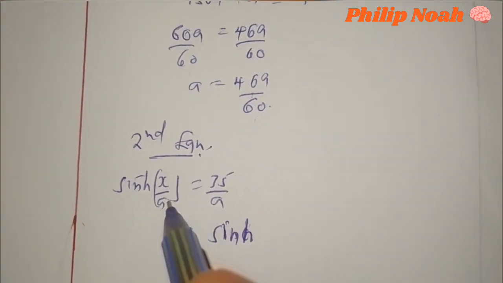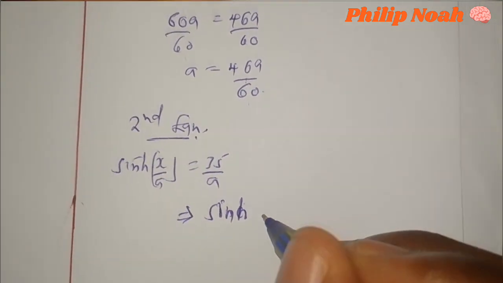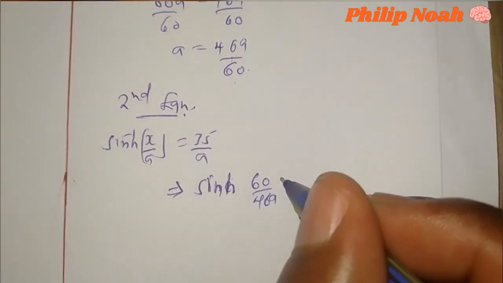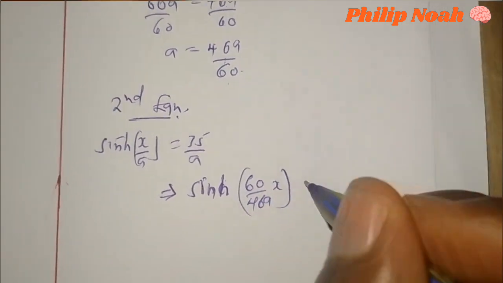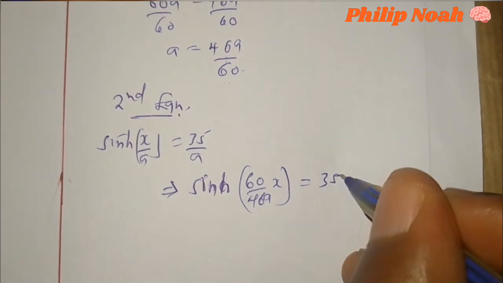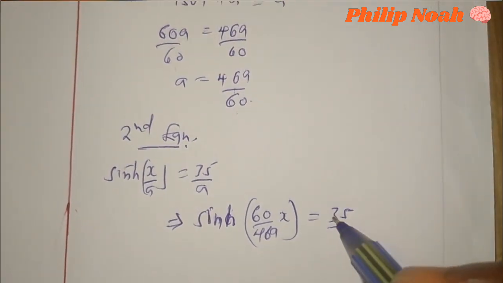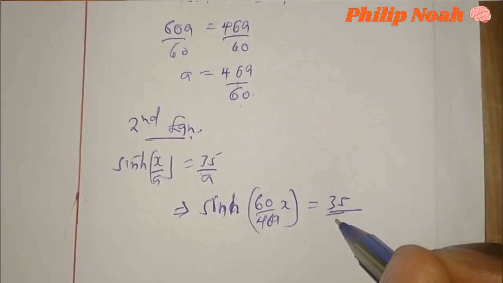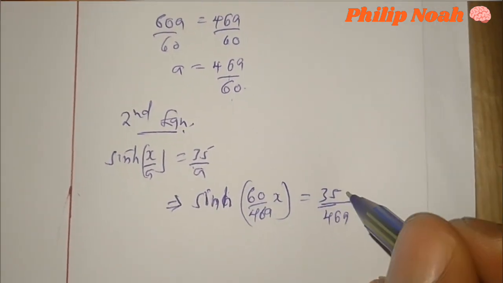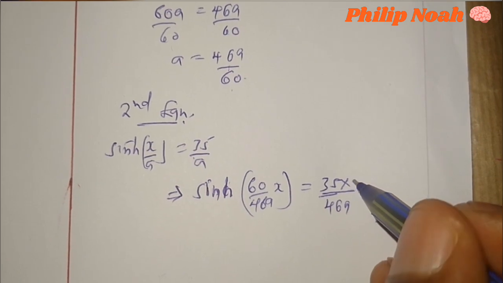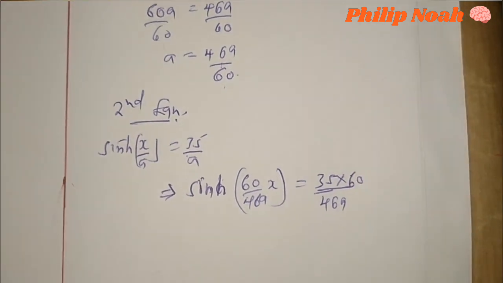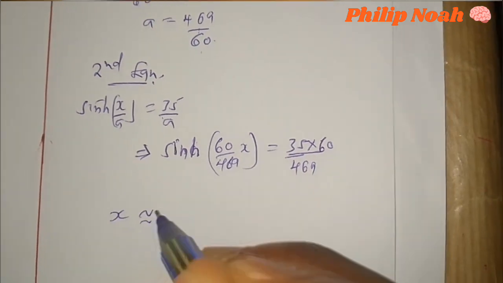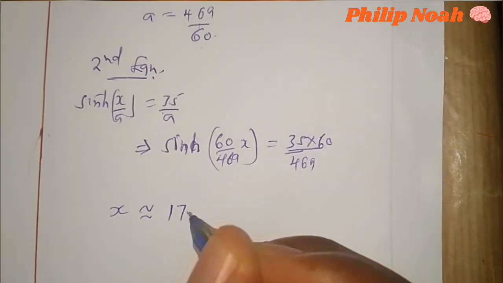So sinh X over A is the same as sinh 60 over 469 X, which is equal to 35 over A, and our A is this, so it's 35 over 469, times 60. So we get our X to be approximately 17.14 meters.